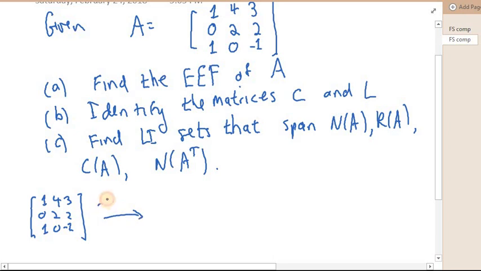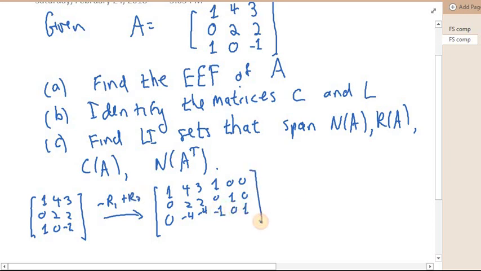So that looks like we have minus R1 plus R3 gives me 1, 4, 3; 0, 2, 2. This gives me 0, minus 4, and minus 4. And then, sorry, I forgot the extended echelon form. That's 1, 0, 0; 0, 1, 0. Now, since minus R1 plus R3 is going to give me minus 1, 0, 1.